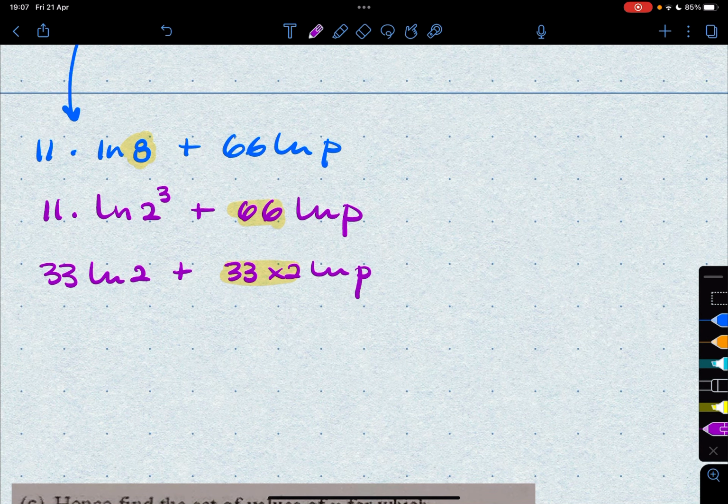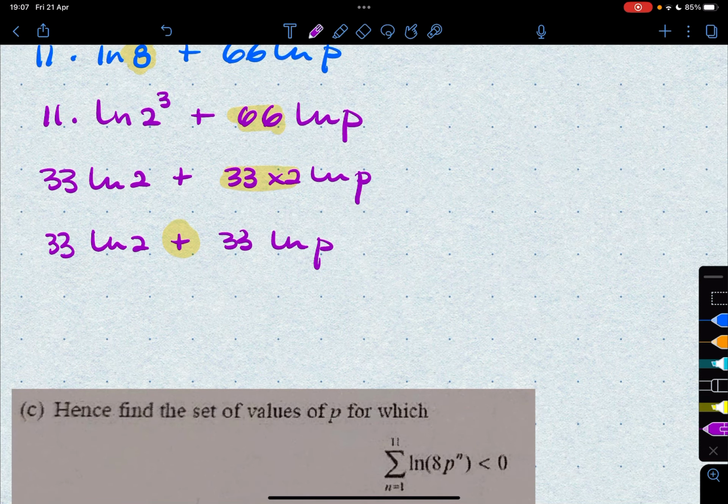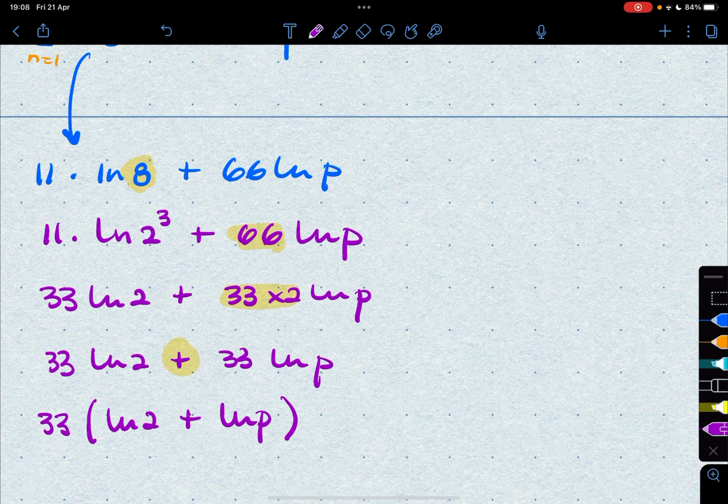So I can write this as 33 log 2 plus 33 log p, and the plus suggests you can then multiply. So it's 33 ln 2 plus ln p, which is, oh sorry, that 2 becomes the power, doesn't it?